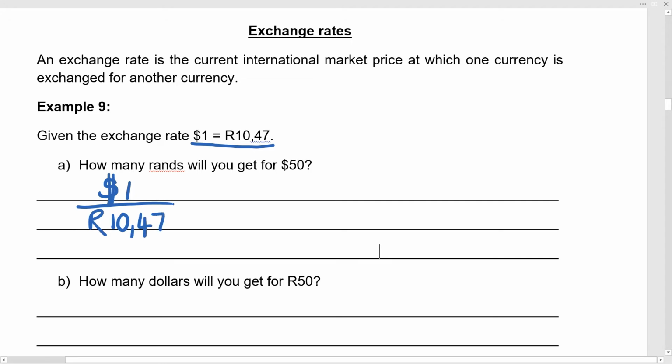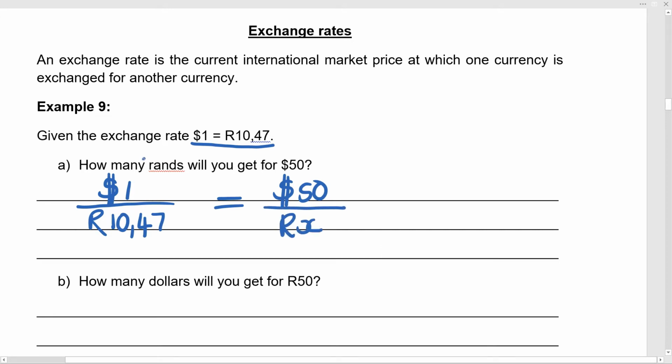I'm going to treat it like equivalent fractions. So that as a ratio or as a fraction is the same as, let's see what the question is asking for now. They're asking how many rands will you get for $50? So let me put the dollars with the dollars. So they're both numerators. And what I don't know is how many rands.